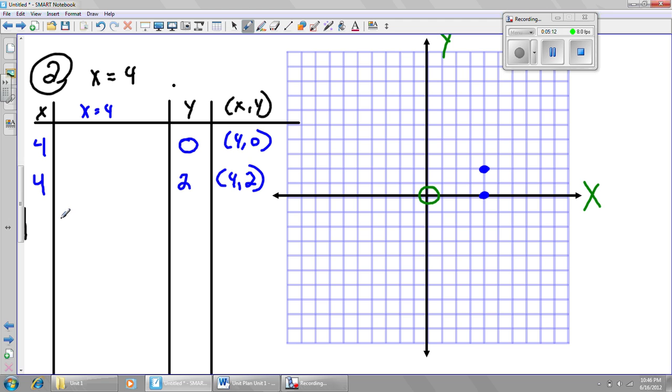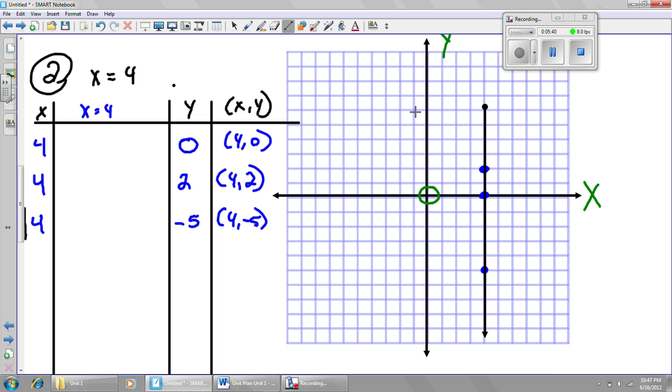And let's go for one more point. I'll bet you know what x is going to be. Yep, you guessed it. And any y you want. I'll choose -5 this time. (4, -5) will be on the graph. And there you go. I'm ready to draw my line. It's a vertical line.